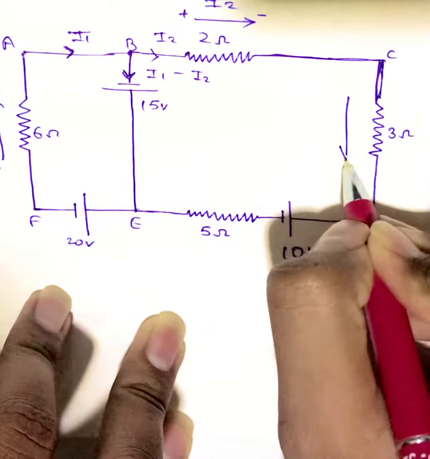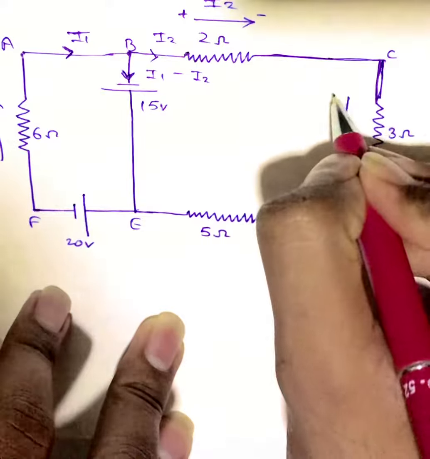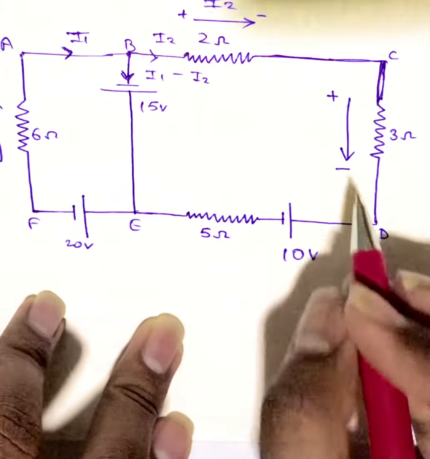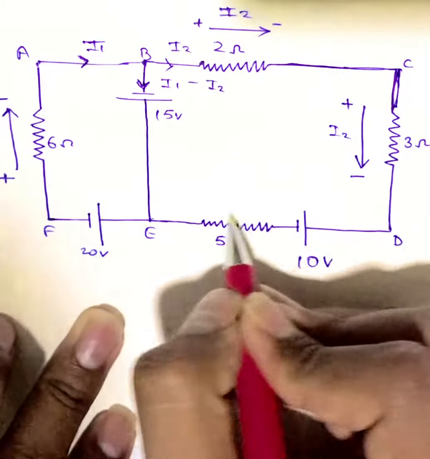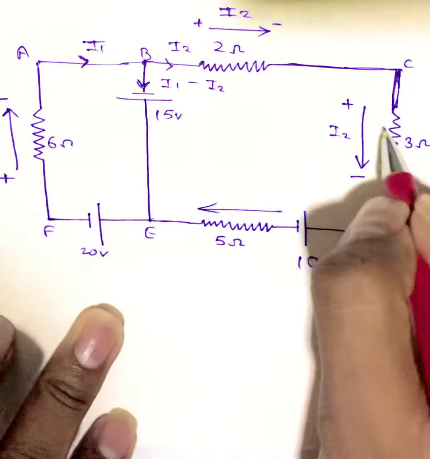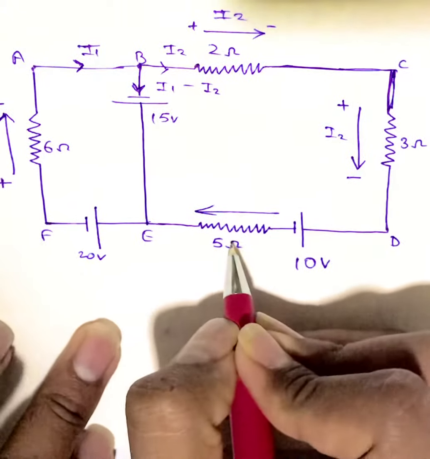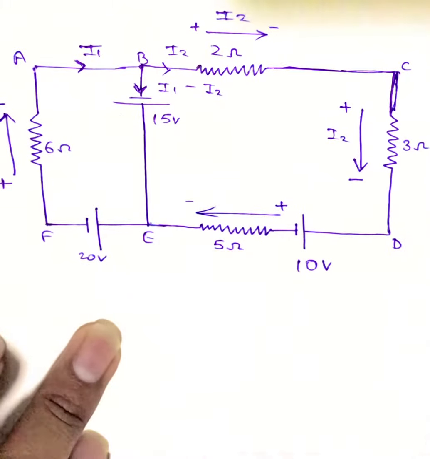In the 3 ohm resistor, this current will move from up to down, so positive terminal to the negative terminal. And now this current I2 will come like this and move in this direction through the 5 ohm resistor. So current moves from positive terminal to the negative terminal.